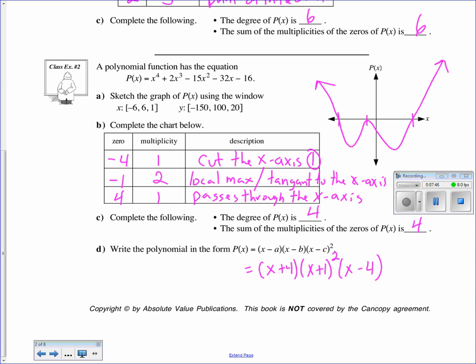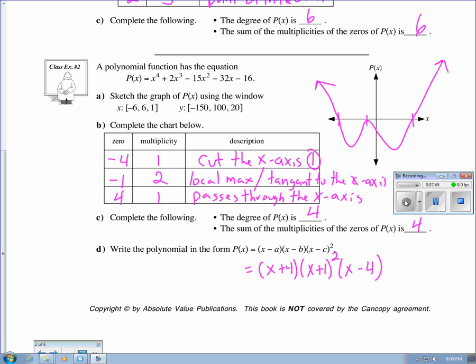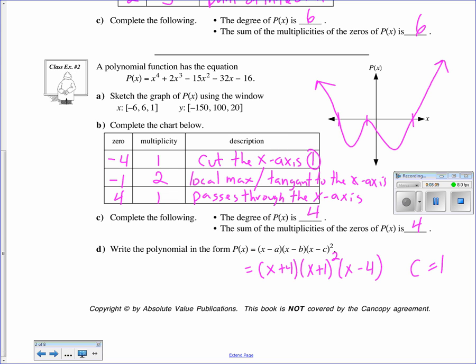So x plus 1 squared. And now the only thing I should check is to make sure that I generate my proper constant and proper leading coefficient. So 4 times 1 times 1 times -4 is -16. And I have a positive leading coefficient. So my C value here is 1.